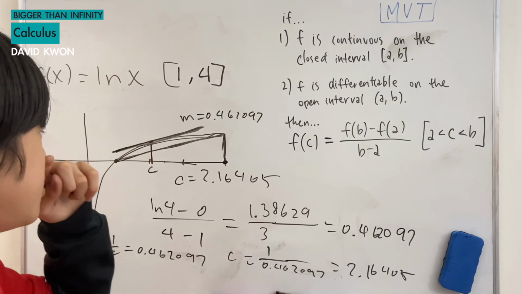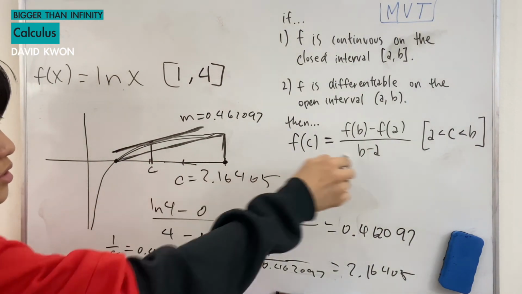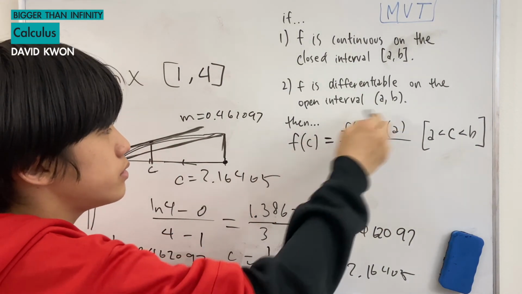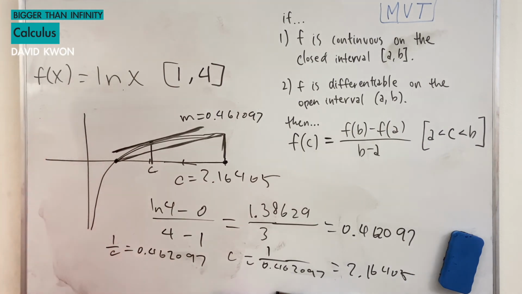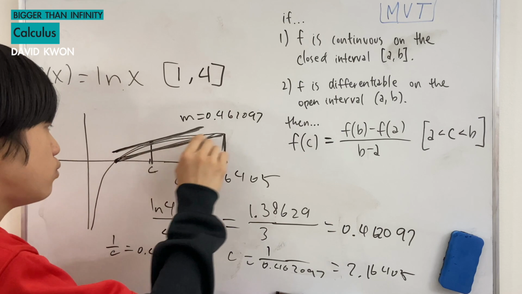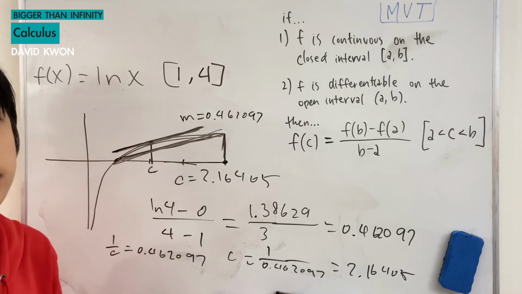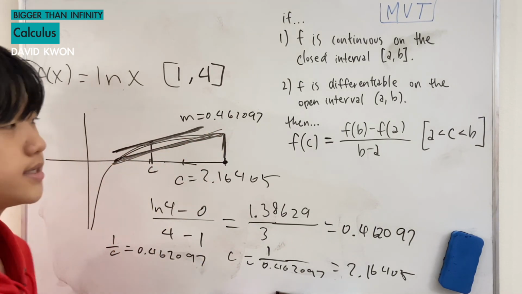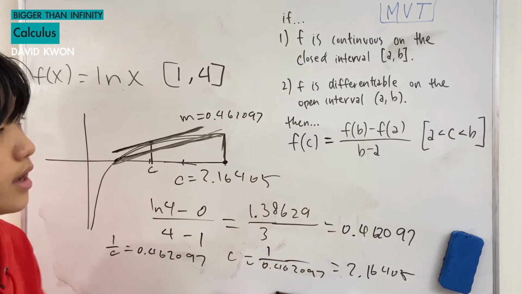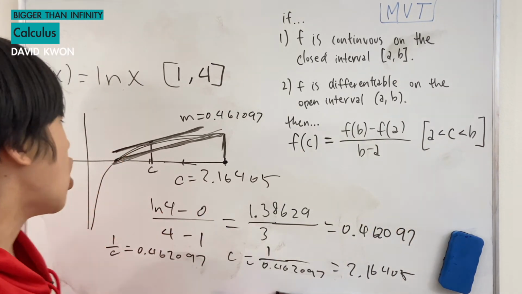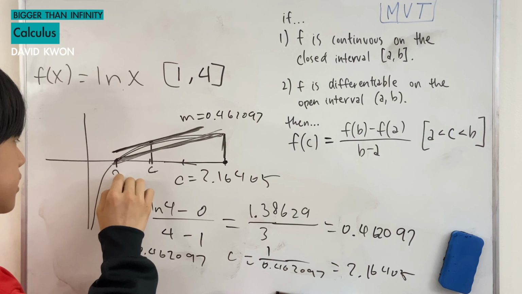If it's not differentiable, you cannot solve this. Also remember that f of b minus f of a over b minus a is just the slope. How do you always find the slope? It's y over x, and x is that, y is that. And the value of c is always between the points a and b.